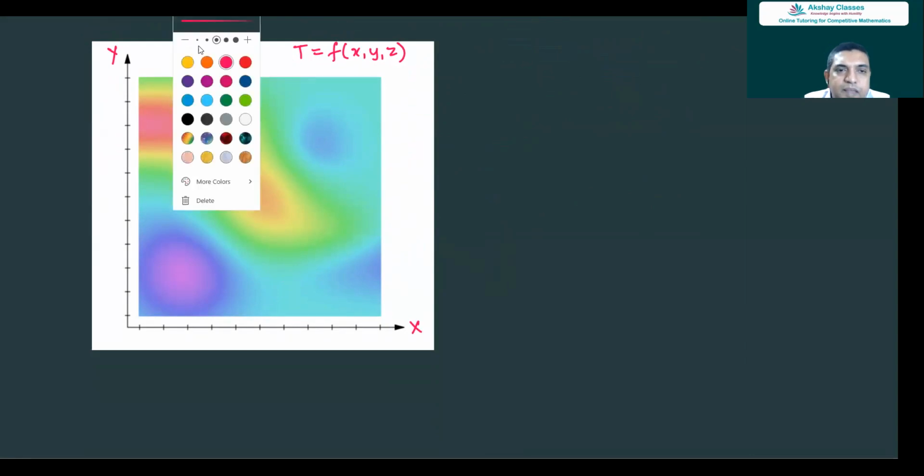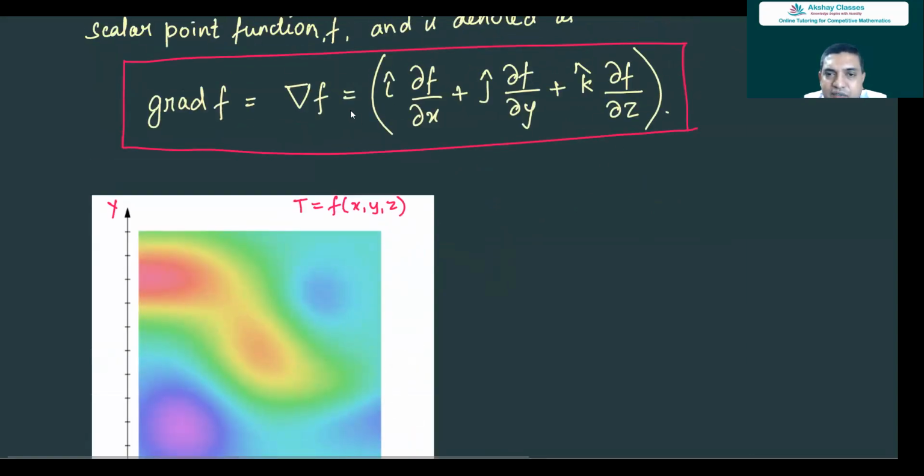Now, what does grad F represent? We want to find the gradient of F at some specific point, which will also be a function at some point. Let us say we choose this point. When I move in this direction, how is my temperature increasing?